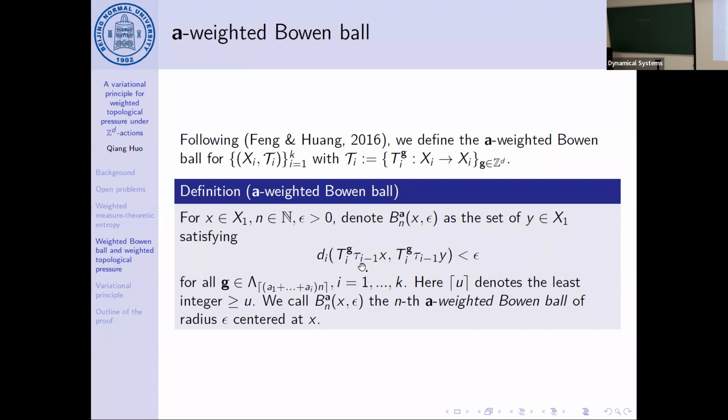Here, c_{i-1} is the composition of the corresponding maps. It maps from x_1 to x_i.